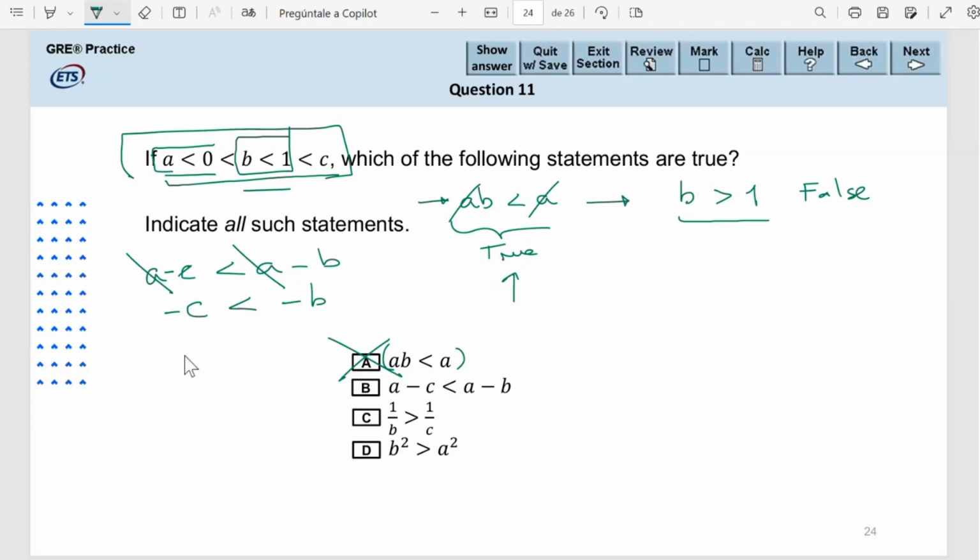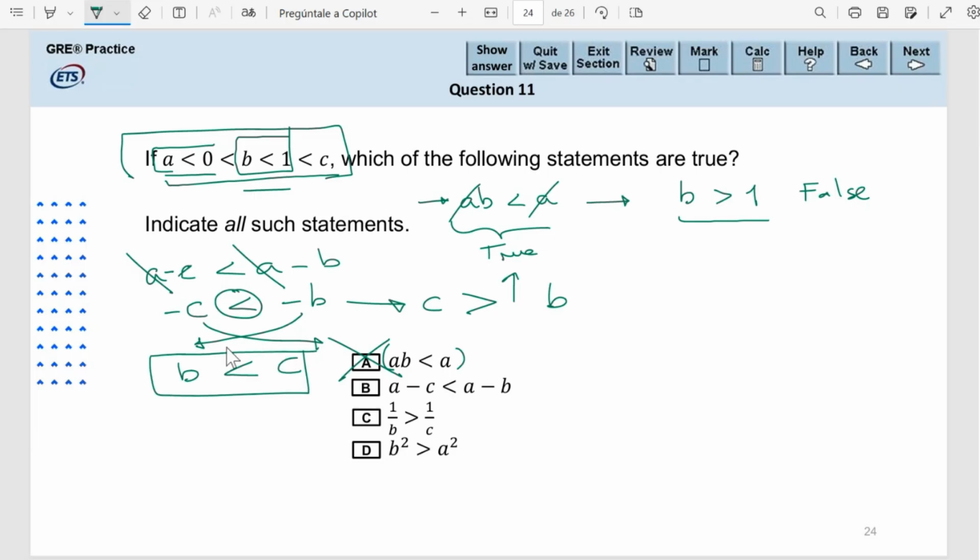But if I want to verify the true relationship between B and C, what could I do? Well, I could say I will take this to the left side, I will take this to the right side, and it would become B less than C. Or perhaps I could say, no, I will multiply both sides by negative 1, C and B, but then this would have to change, reverse. So in both cases, I obtain the same relationship. B is less than C.